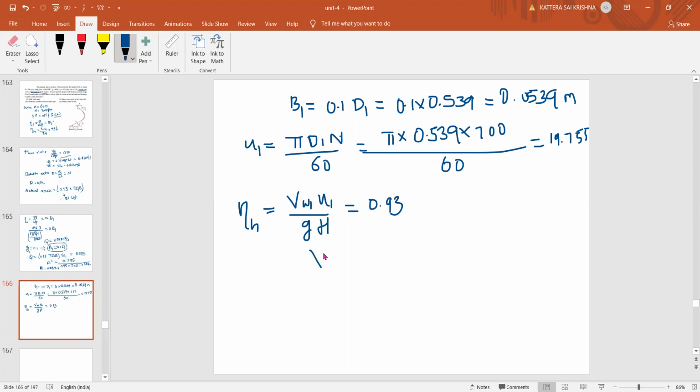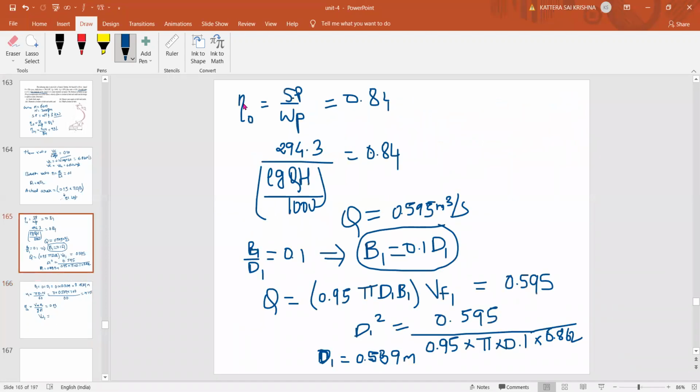So from this, you can find VW1, right? So why are we taking VW1? First, we want VW1 for finding alpha. Suppose if alpha is given, the problem is very easy. We can use all the triangles for finding the remaining things. If alpha is not given, we need to use efficiencies to find the VW1 value, U1 value and everything.